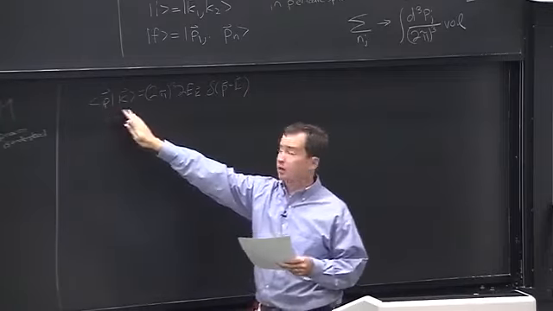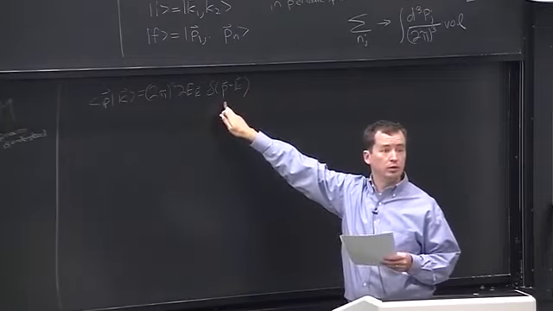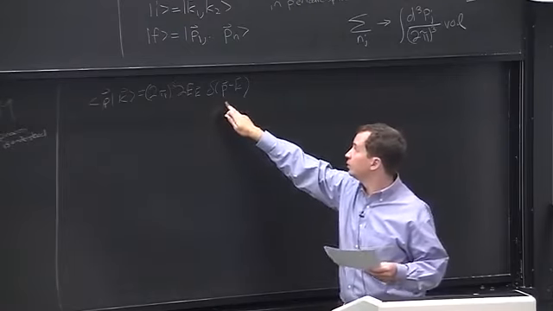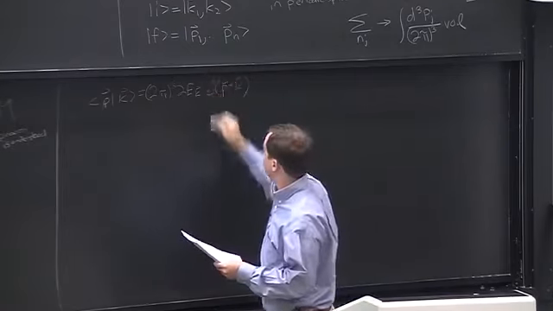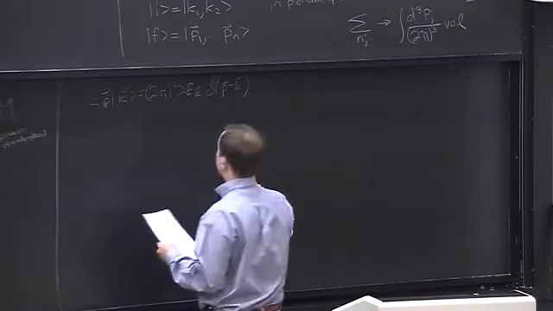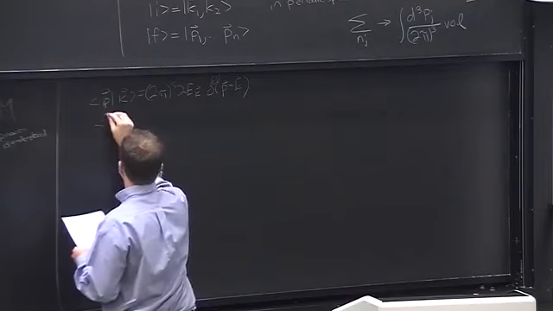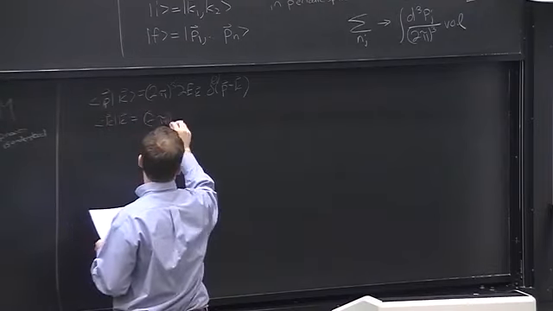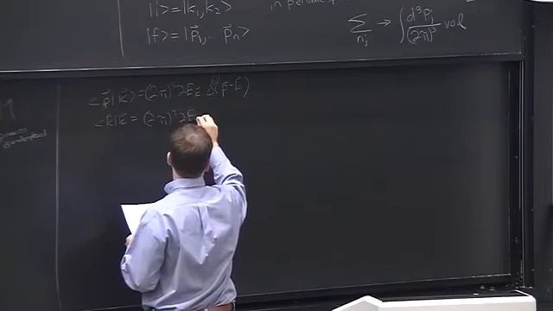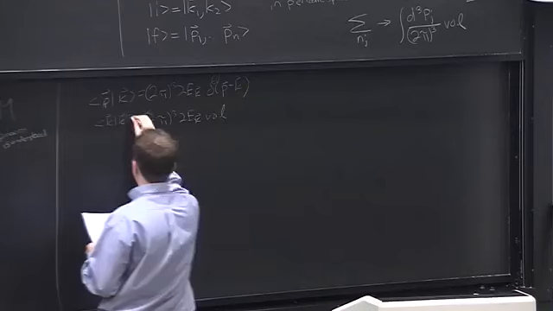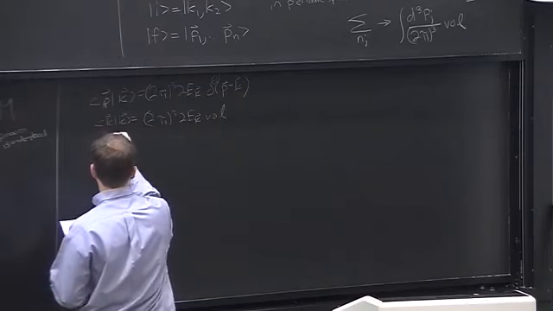And so when p equals k, we've got here a delta of 0, which again we can interpret as a volume. This is a 3-dimensional delta. So k 2 pi cubed 2ek times the volume. And similarly for the initial and final states.